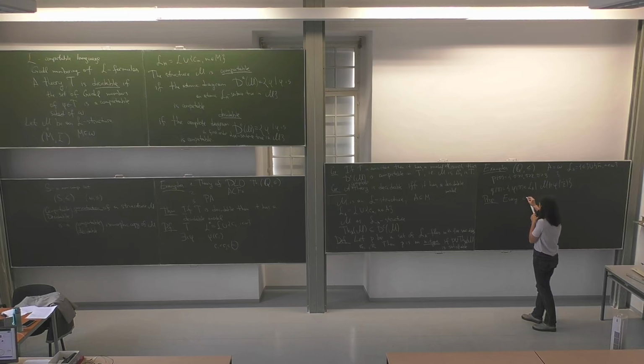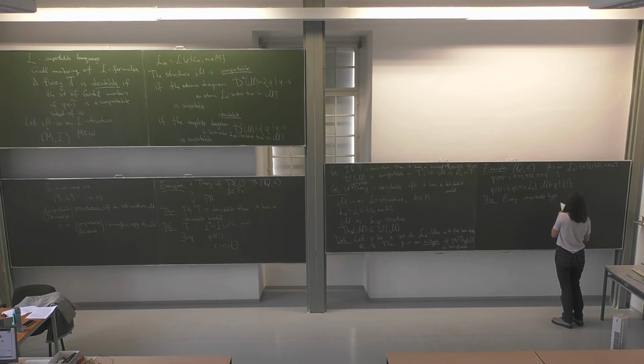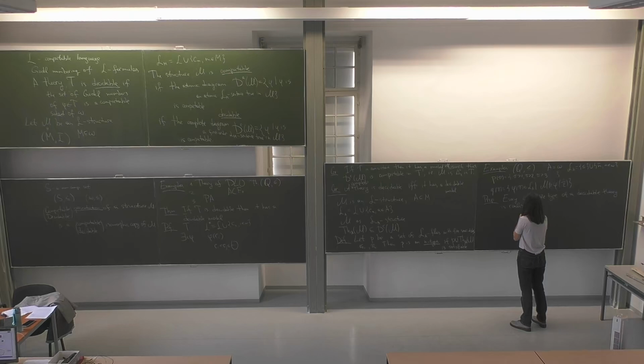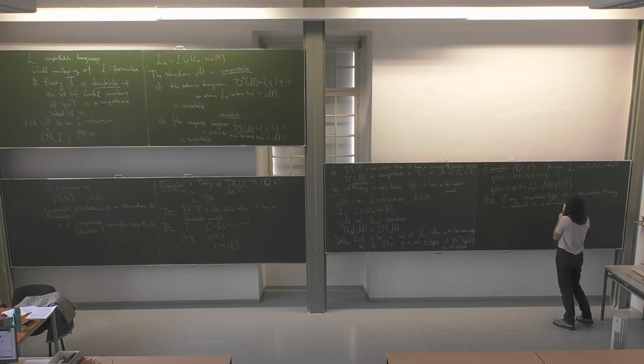So if we have a computable type of a decidable theory, every computable type of a decidable theory is realized in a decidable model.